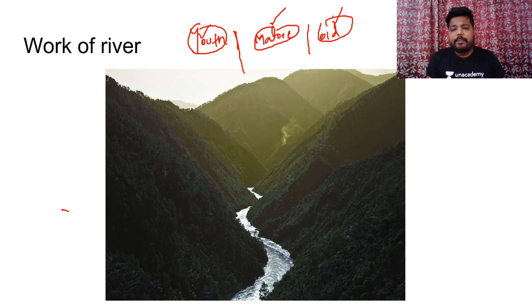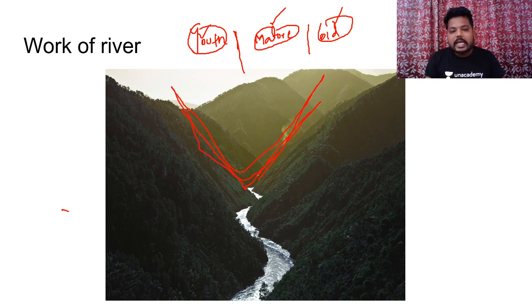So if you see the river in its youth stage, as it has huge velocity and volume of water, it tends to cut down the mountain range and create a V-shaped valley-like structure. Here you can observe the river, because of the cutting of these mountain ranges, has created V-shaped valley-like structures. Clear?